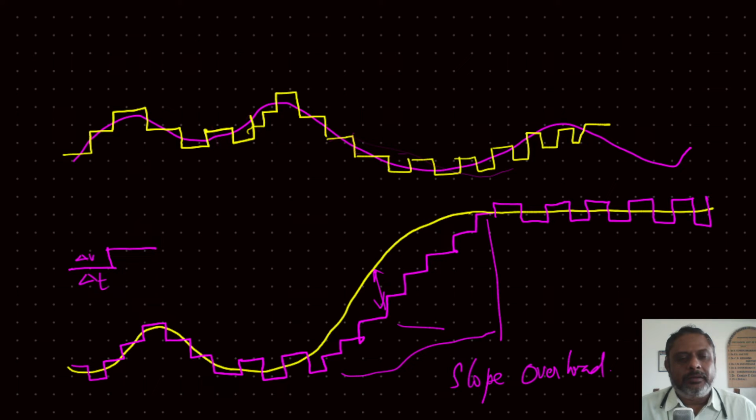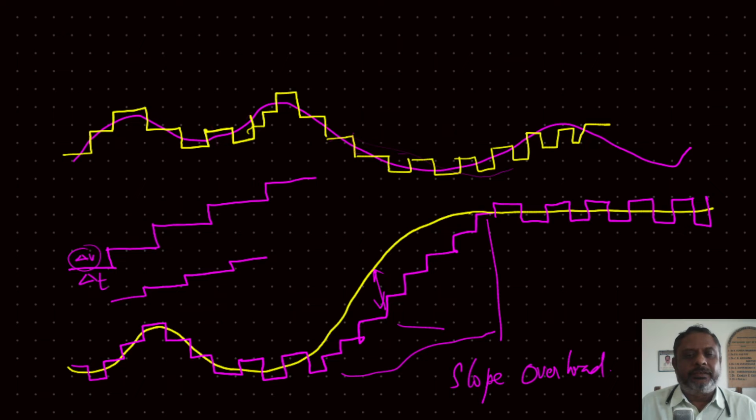The more the delta t, the more slowly it changes, and the less the delta v, the more slowly it changes. So the slope depends on both delta t as well as delta v.